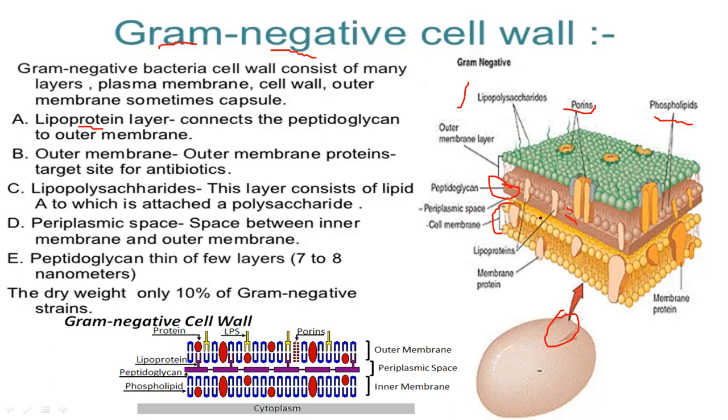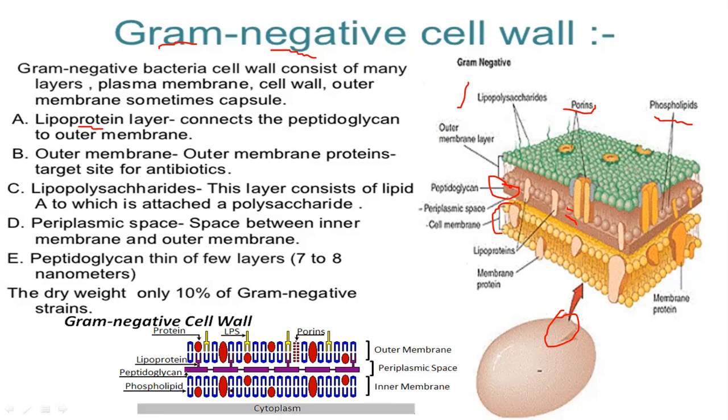The peptidoglycan layer is thin, of a few layers, just 7 to 8 nanometers. So it contains about 10% or less of the dry weight of gram negative strains. In gram negative, you can see here lots of proteins, lots of different substances present in the cell wall.